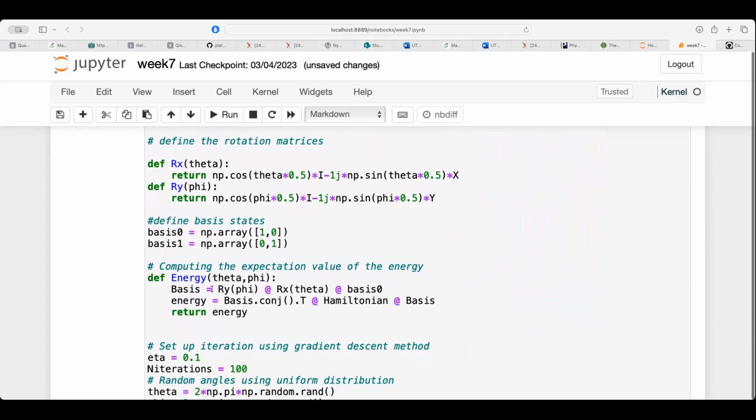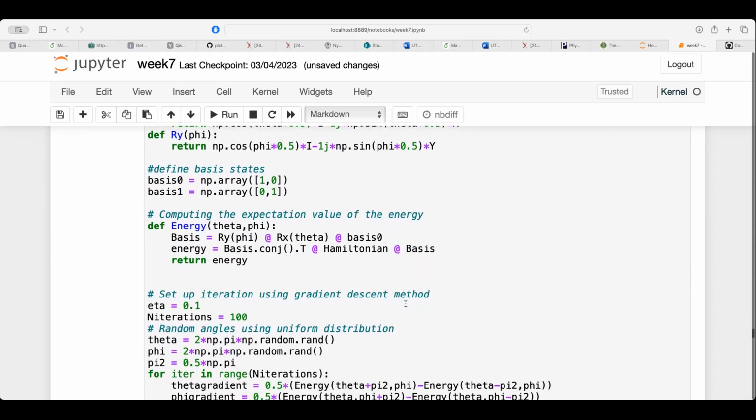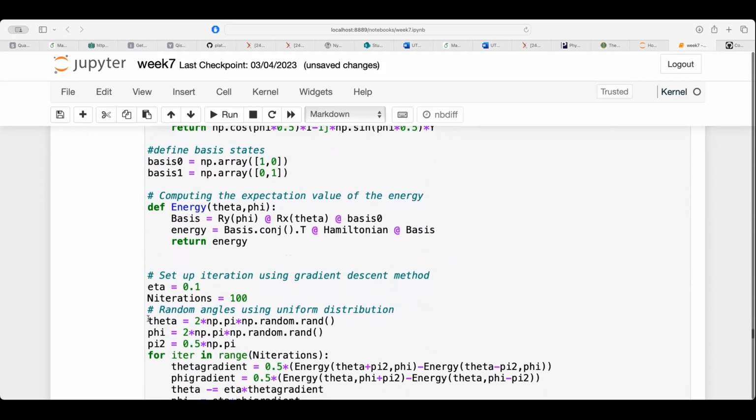I choose now to calculate the energy, which is simply my basis conjugate transpose times the Hamiltonian times the basis. Here, I'm now picking a random value for the angles, for theta and phi. So I'm placing myself in a random position on the Bloch sphere.